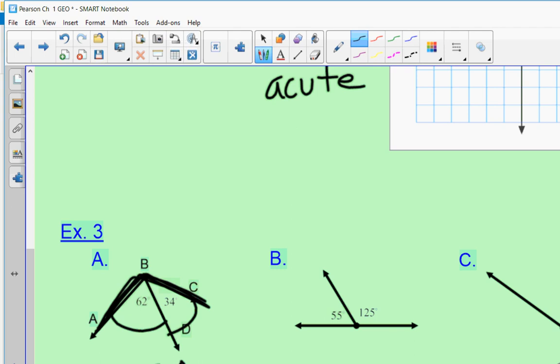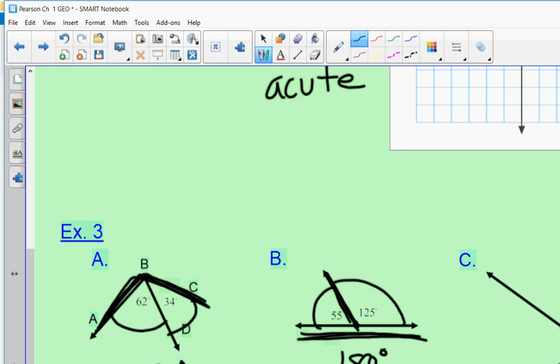Sometimes my math isn't very good. You've got to tell me. Once again, there's this angle here and this angle here. They're sharing this ray, so they're adjacent. Remember that term? So I think I can add these together to get the bigger angle. The bigger angle is really a line, and 125 plus 55 is 180 degrees.